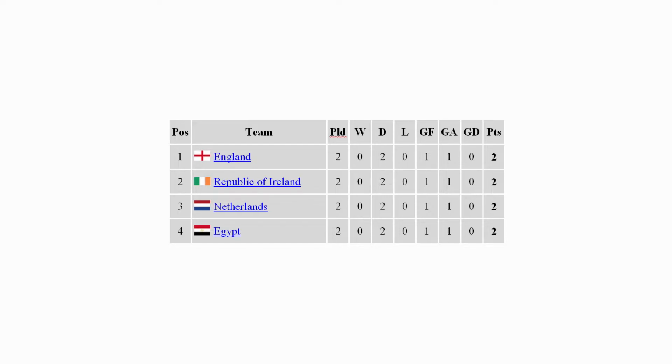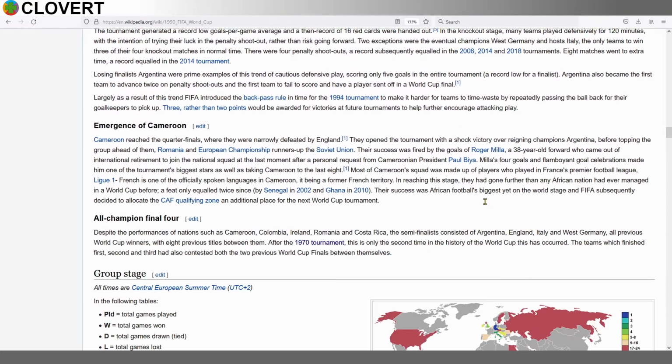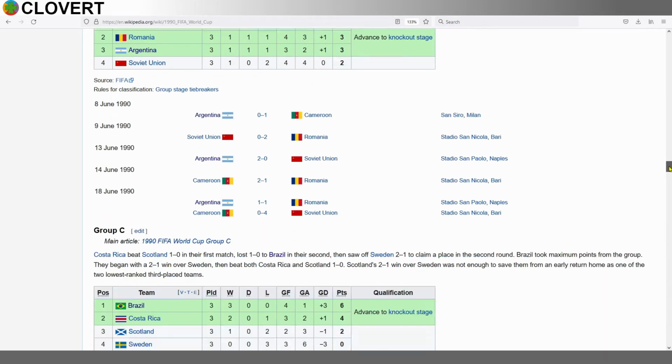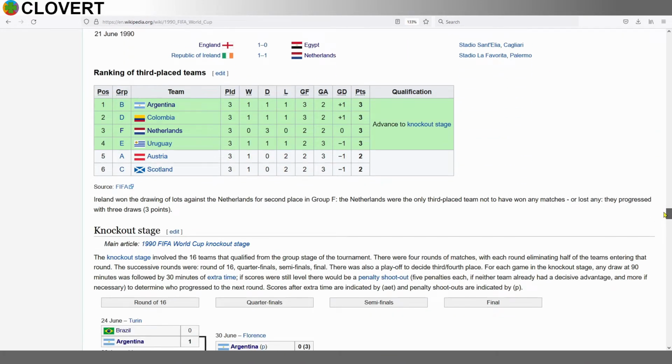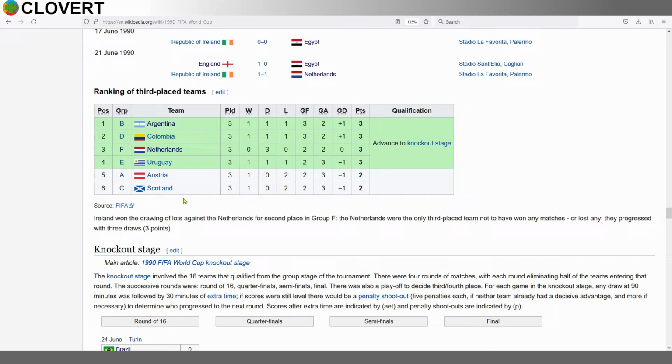Now, if we look at how the third place teams were decided, I'm going to show you a list. Okay, so these are the 6 teams that finished in third place in all the groups. We can see the Netherlands were designated third, and they qualified because they got 3 points. The 4 third place teams that qualified all ended up on 3 points, and the 2 knocked out finished on 2 points.